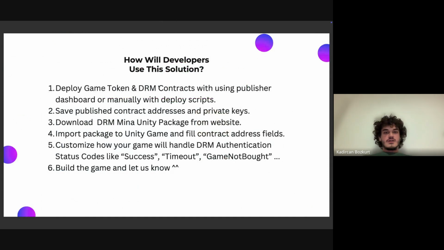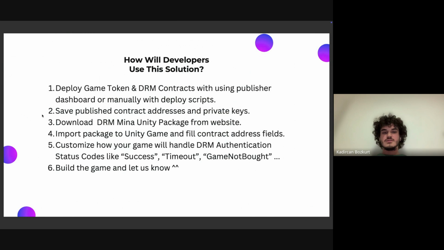So how will developers use this solution? I will demonstrate this after explaining. They will deploy game token contracts and the DRM contract using the publisher dashboard, or they can manually deploy their contracts with deploy scripts.